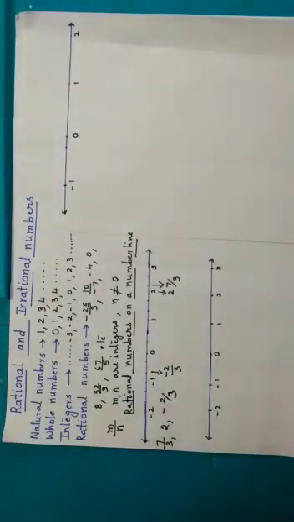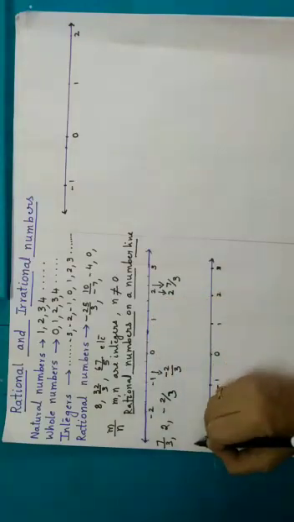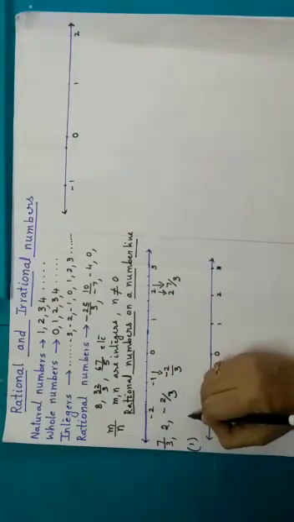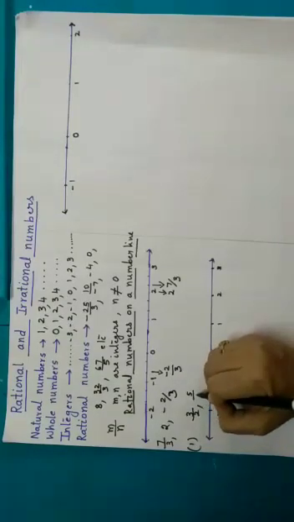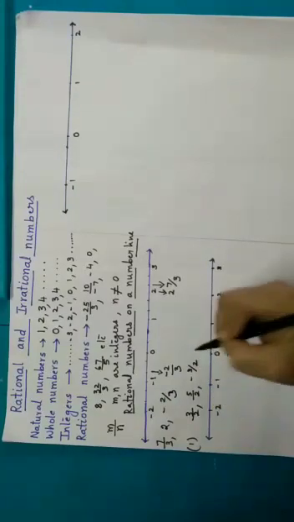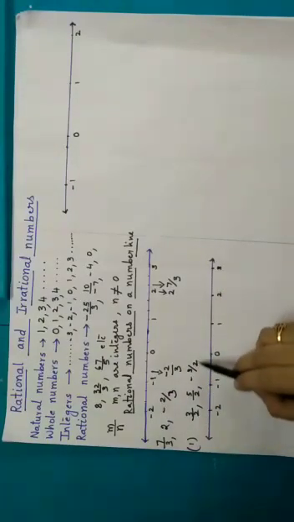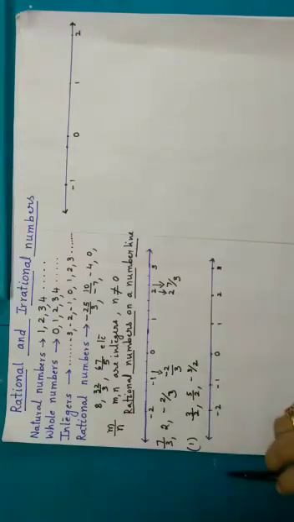I am going to solve all the odd number sums here and the even numbers are homework for you. The first sum is 3 upon 2, 5 upon 2 and minus 3 upon 2. Now we are going to show these three rational numbers on a number line.